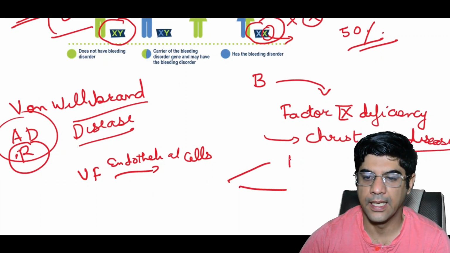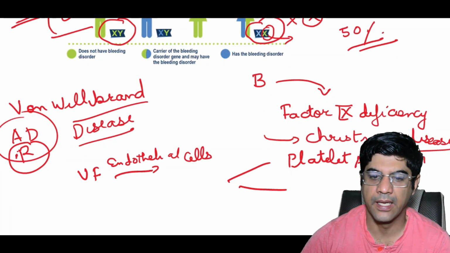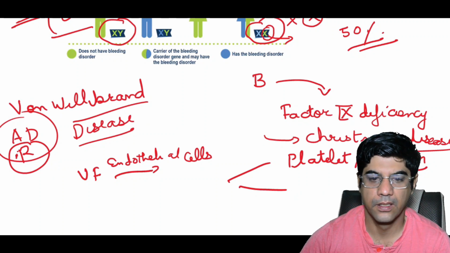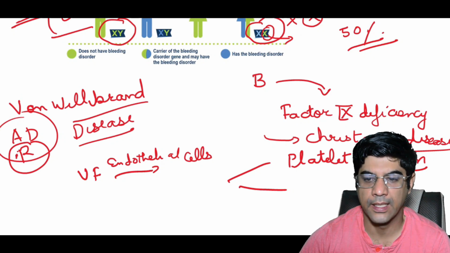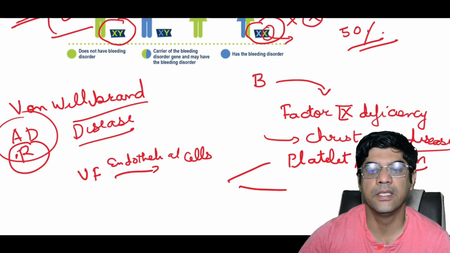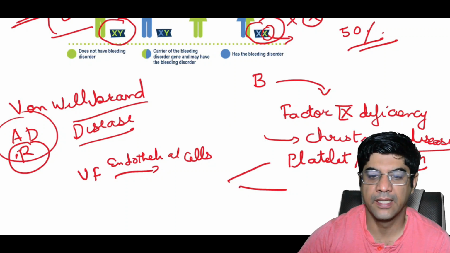The first is platelet adhesion. Remember, this von Willebrand factor binds to platelet receptors and to exposed collagen when there is a vascular injury, facilitating the adhesion of platelets to the injured vessel wall.